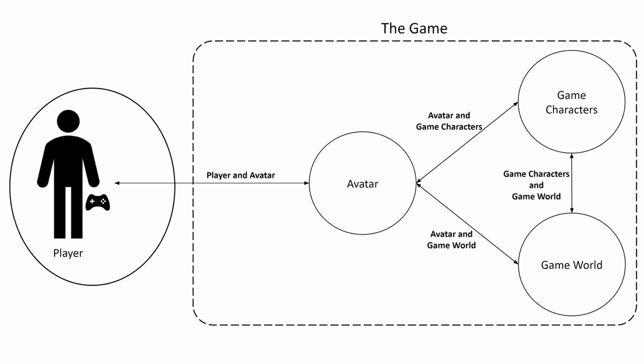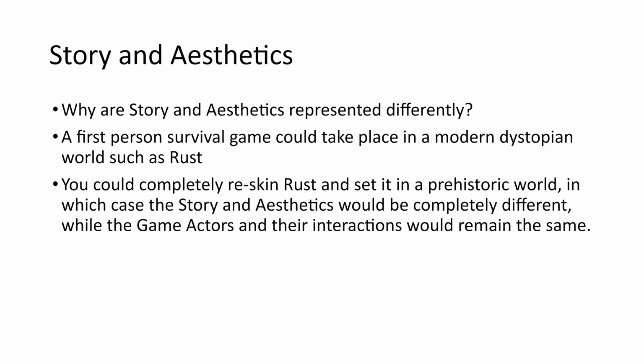So we also have a relationship between the avatar and the game characters that you can see there. We have a relationship between the avatar and the game world. And then we also have a relationship between the game characters and the game world there. So, as I said before, all relationships with the player to other elements of the game are mediated by the avatar.